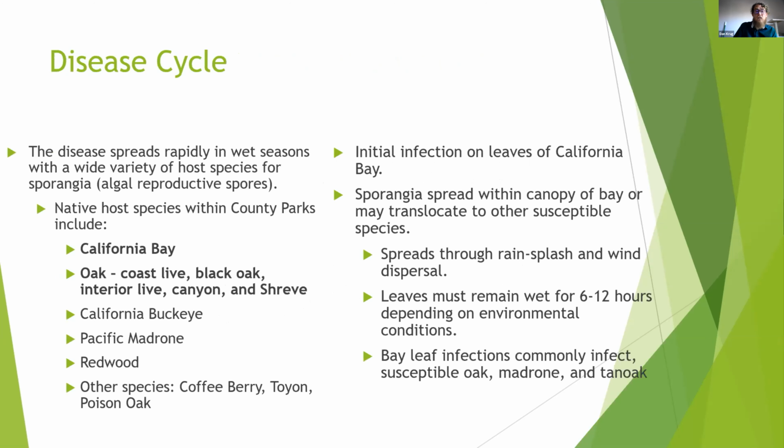The disease cycle for this pathogen is that it spreads rapidly in wet seasons, particularly in late spring when we have wet springs. And the native hosts of primary concern on county park property are California bay, oak and tan oak.